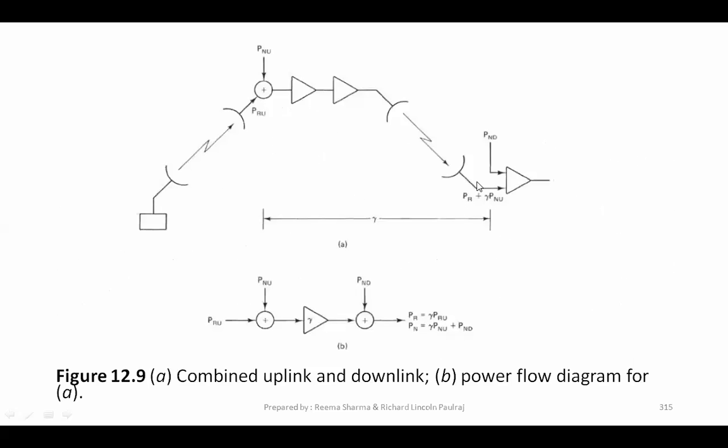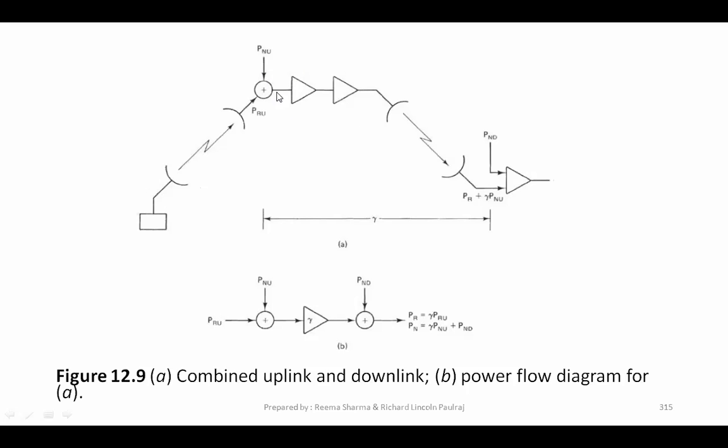So this is your PR. This is the noise that is getting introduced, this is the transmission that happens, and the amplification that happens. These are nothing but your antennas, the transmitting antenna and the receiving antenna, then the noise that gets introduced, and the traveling wave tube amplifier.